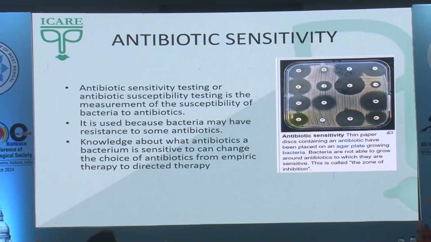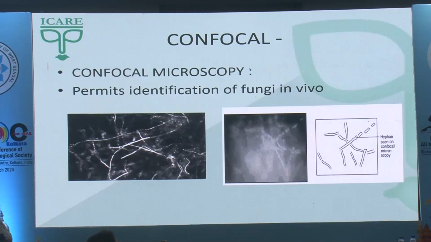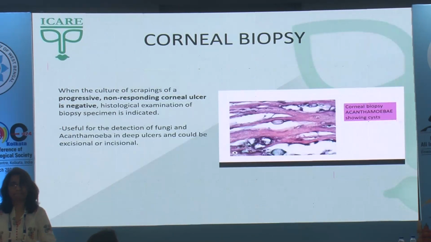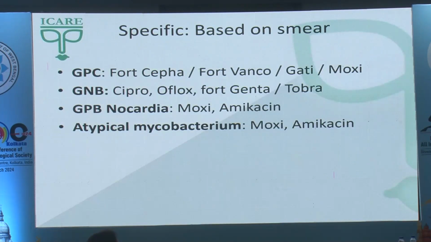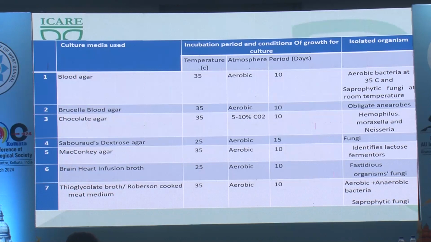And these are the antibiotic sensitivity discs that are used. Confocal microscopy can be used, and corneal biopsy can be taken for non-responding deep ulcers. Based on the sensitivity, the antibiotics are given, and these are the various media available and the duration for which they should be kept ideally before labeling a sample negative.